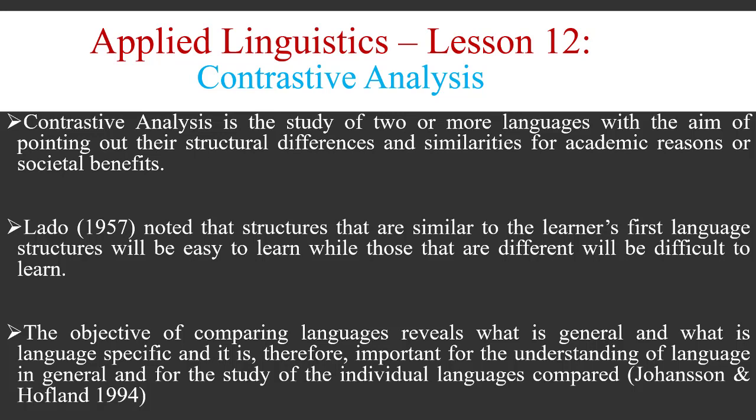So if you are learning another language and you find that your second language contains some structures that are similar to your mother tongue, you will easily learn your second language. But if the language you are learning contains structures that are completely different from your mother tongue, this will make it difficult for you to learn it.